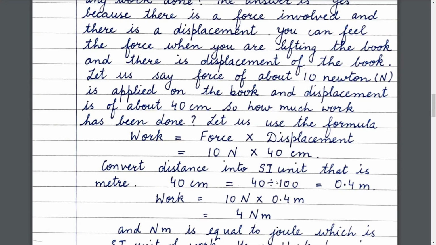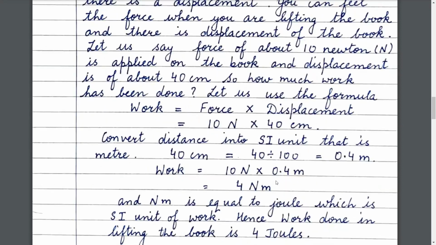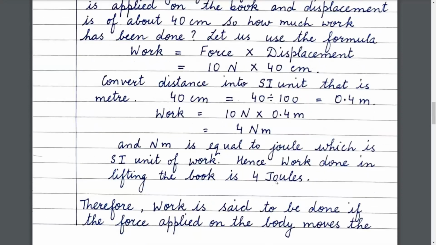So convert 40 centimeter into meters, which is equal to 0.4 meter. Now, work is equal to 10 Newton multiplied by 0.4 meter. So our work done is equal to 4 Newton meter or 4 joules.